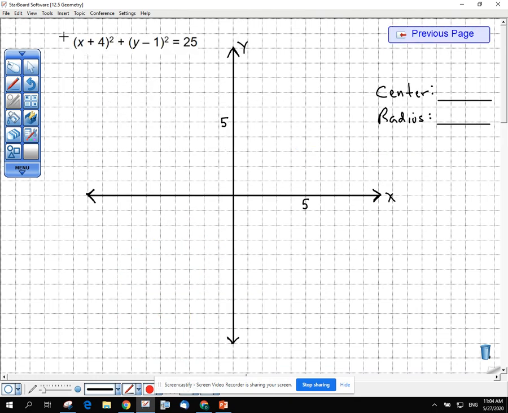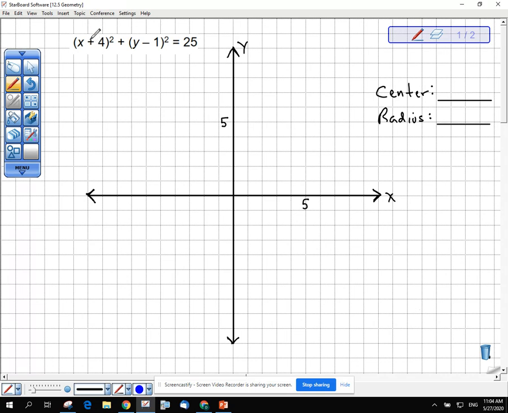So here's the equation, just copied over. We'll write the center and radius here, and then we'll graph the circle. So the center would be at, well, let me just pause for a second and see what you would say. We need to interpret this plus as minus negative, right?